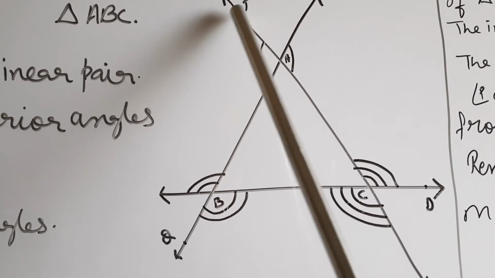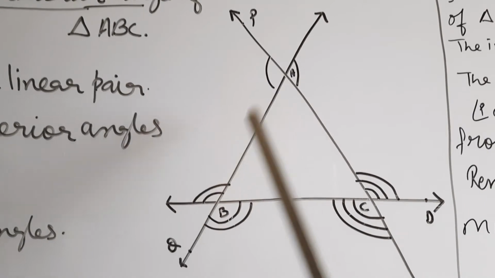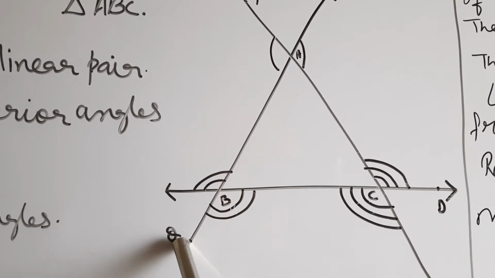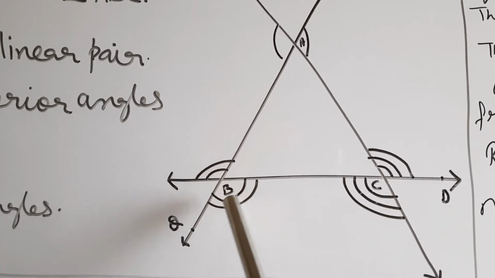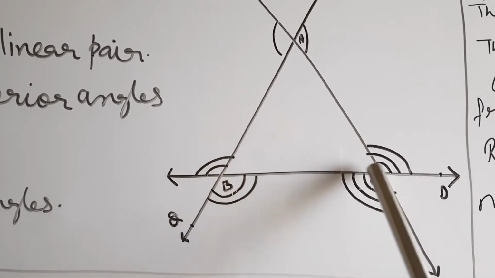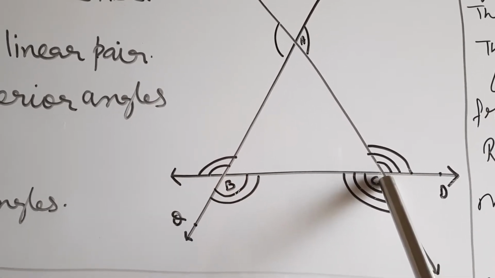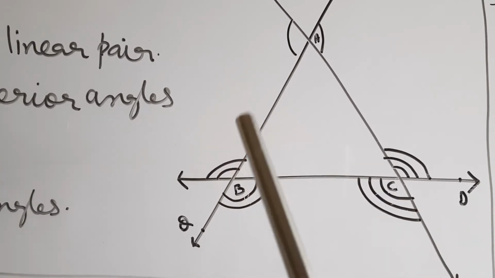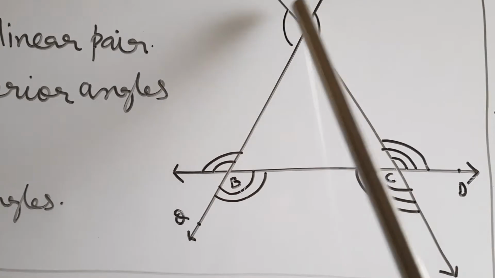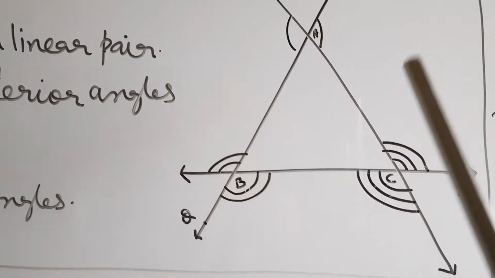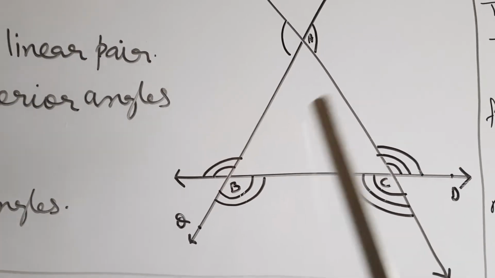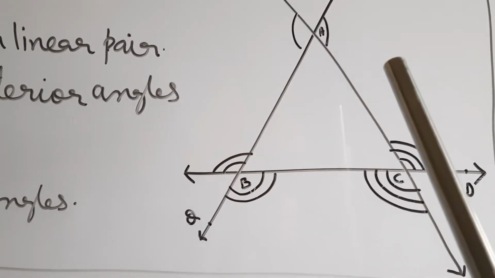Angle PAB and angle QBC, you can see these are also the exterior angles of triangle ABC. Also, you must remember every triangle has 6 exterior angles. How many? 6 exterior angles.